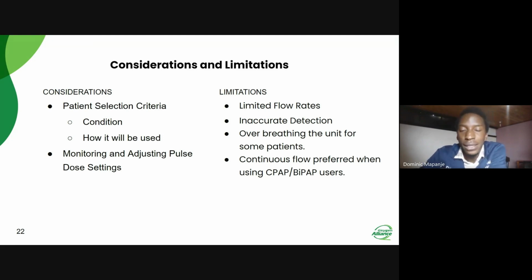And also, since you are using them at home to be able to lead an active lifestyle, you should be regularly monitoring your oxygen saturation in the blood, and also adjusting the pulse-dose settings on your device so that they match the condition of your health.